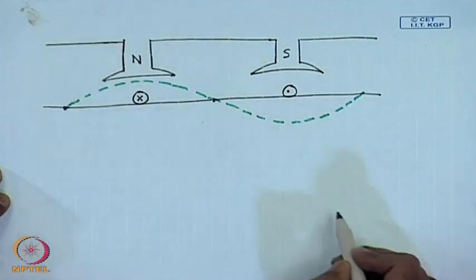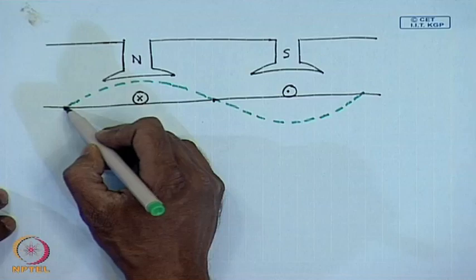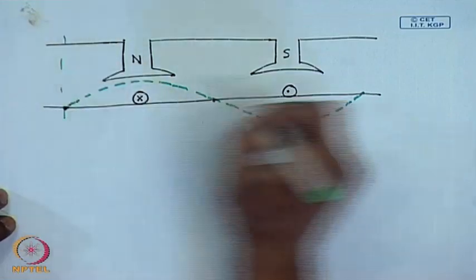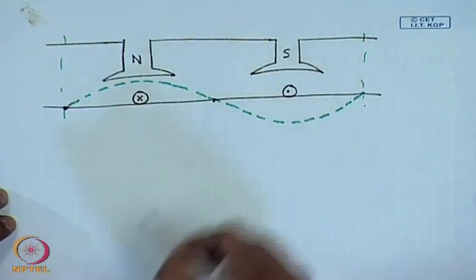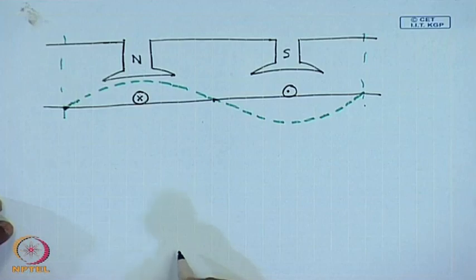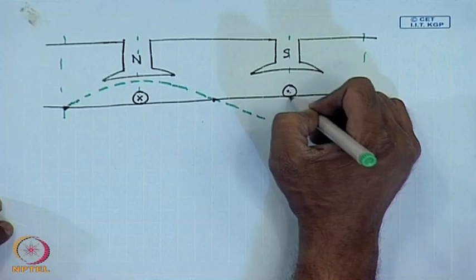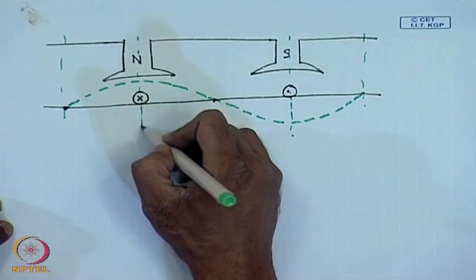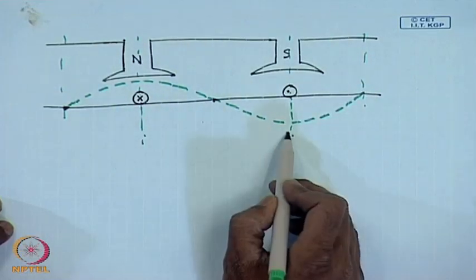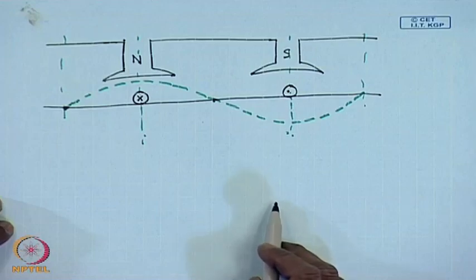This is the plot of the magnitude of the flux density over the armature surface. It is easily understandable that in this unaligned position, the net flux passing through this coil is 0.